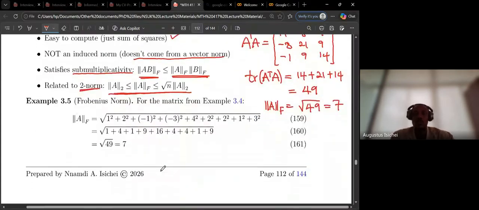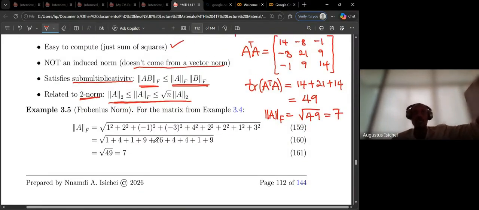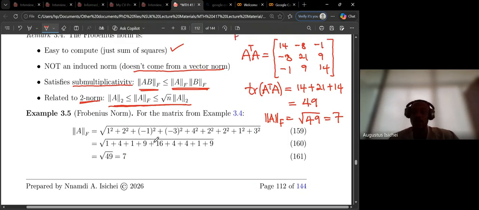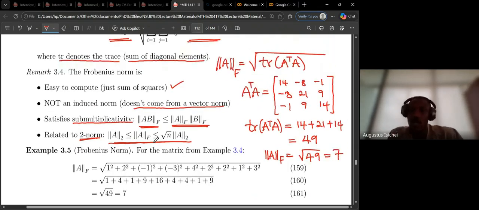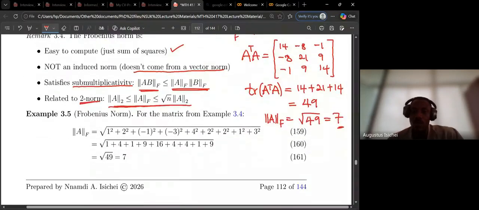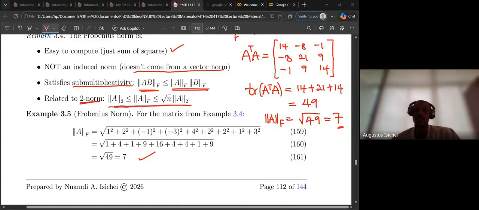Let's move on to example 3.5. We've already completed this example. We've done it. So you see that the answer we got using the trace is 7. And even in this example, if we decide to take the square of all the elements of matrix A, we still obtain 7.